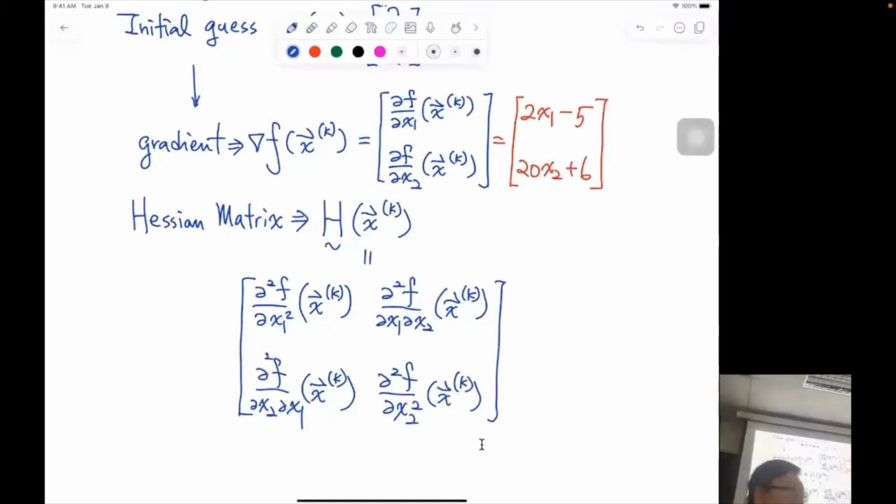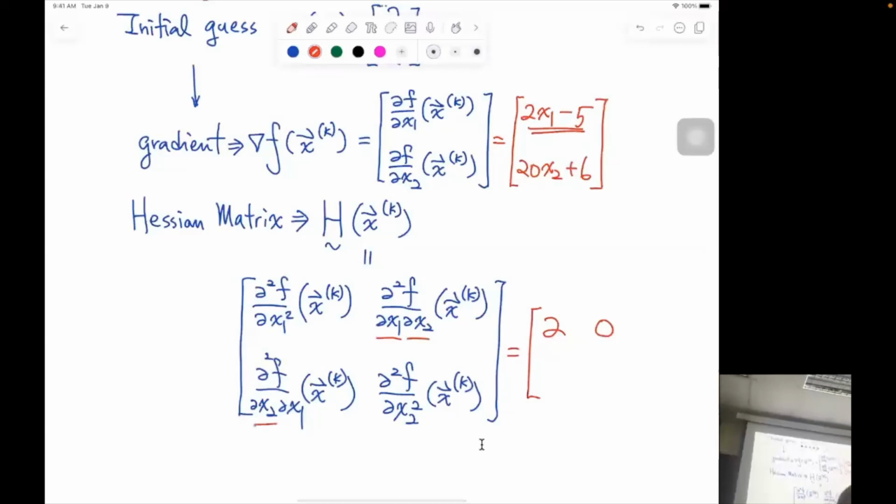And let's try to write down how it looks. In our case, it's another partial derivative with respect to x1 for this, so it's 2. The other case, partial derivative over x1 and then derivative over x2, so that's 0.